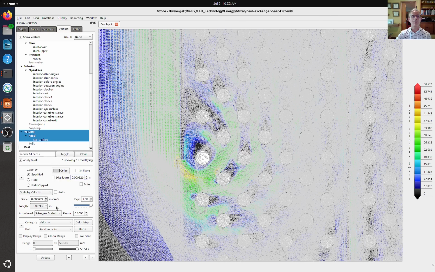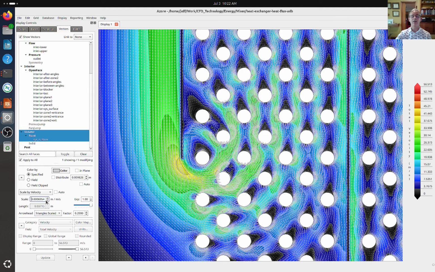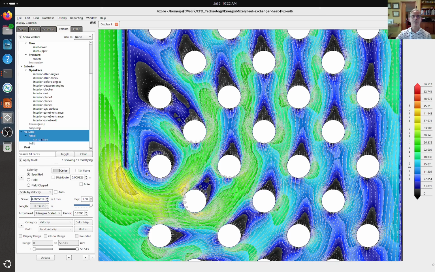So maybe we want to make those velocity vectors a little bit smaller, and we can do that by adjusting their length scale right here, very simply. This now allows us to get a good view of the velocity structure. We see some eddies forming behind each one of these tube banks, which is interesting to look at.